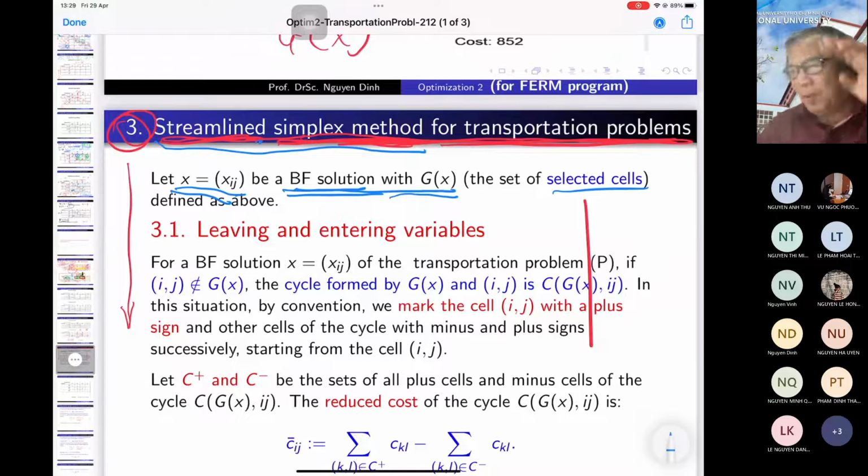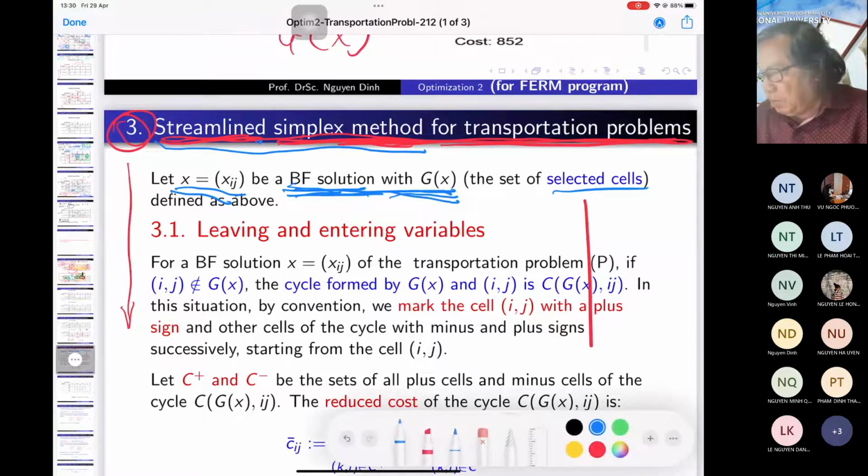So before applying the algorithm, you need the feasible solution first, and for that you can use the northwest corner method, least cost by row, least cost by table, or anything. Okay, and now we start with a BF solution Gx, and what do we do next?